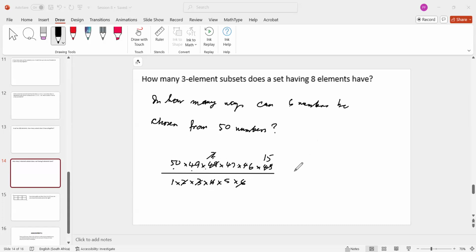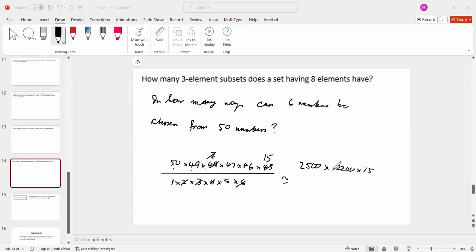And now this is approximately, this is 50 squared, which is 2,500. And 47 times 46 is approximately 2,200. And you're going to multiply that by 15.